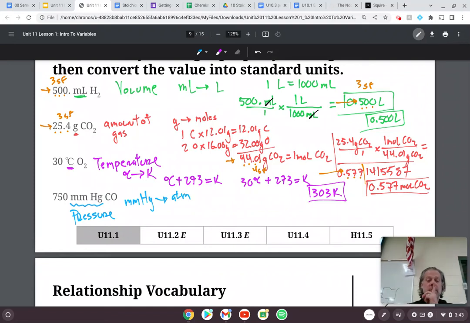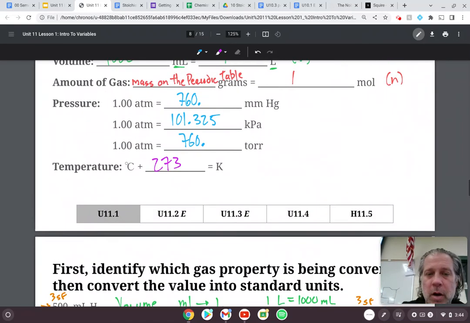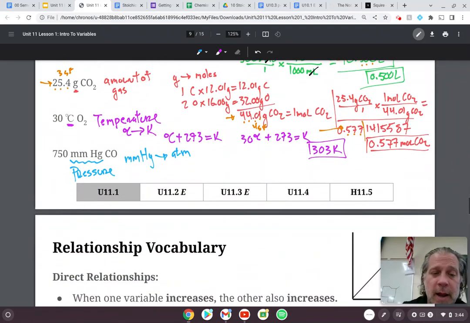So now I need to remember my different conversions, right? And if I look right up above in my note sheet, I see that 760 millimeters of mercury equals 1 atmosphere, ATM. So I'm just going to write that down here. 760 millimeters of mercury equals 1 atmosphere, ATM.